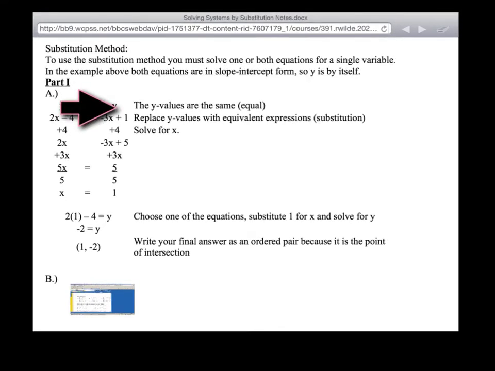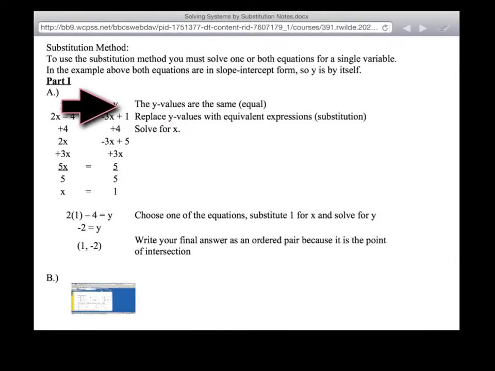We have, for example, part 1. The y values are the same. They're equal. If you replace the y values with equivalent expressions, substitution, then you solve for x.